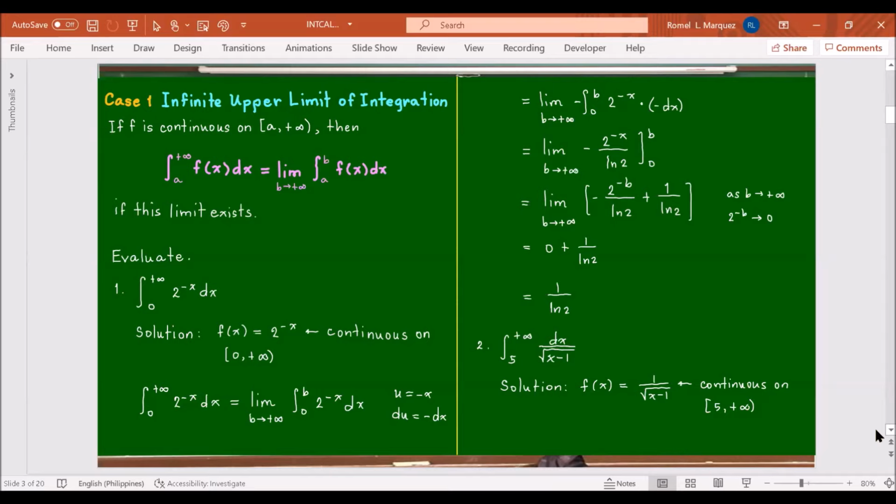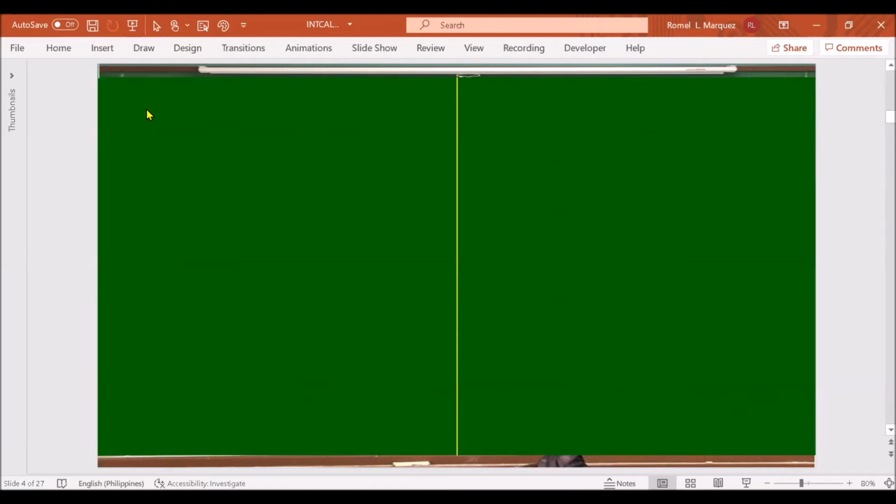So let us now compute that improper integral. We have the integral from 5 to positive infinity of dx over square root of x minus 1, and that is equal to the limit as b approaches positive infinity of the integral from 5 to b of 1 over square root of x minus 1.